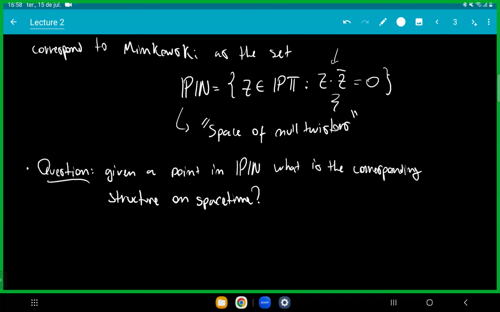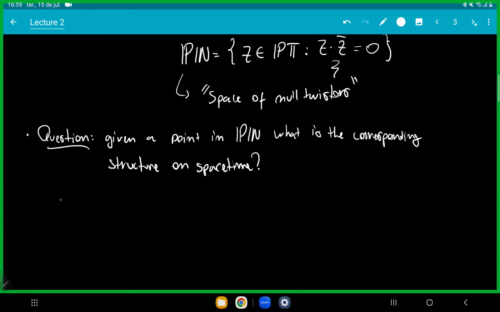Let me remember what notation I used in the last class, just not to make this confusing. This is a bit confusing.